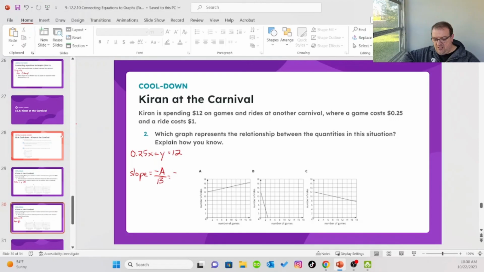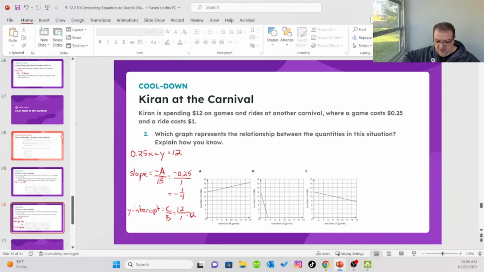So in this case, that's negative 0.25 divided by 1, which is negative 1/4. Our y-intercept is c divided by b. In this case, that's 12 divided by 1, which is 12.